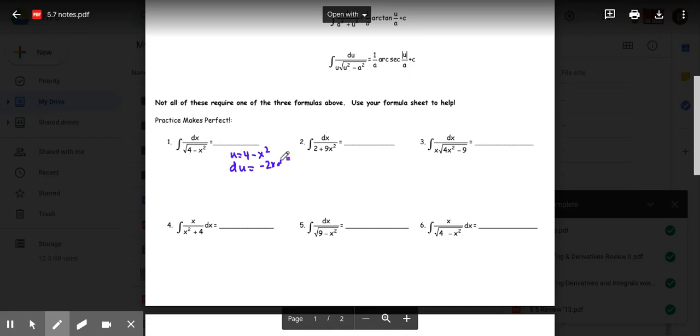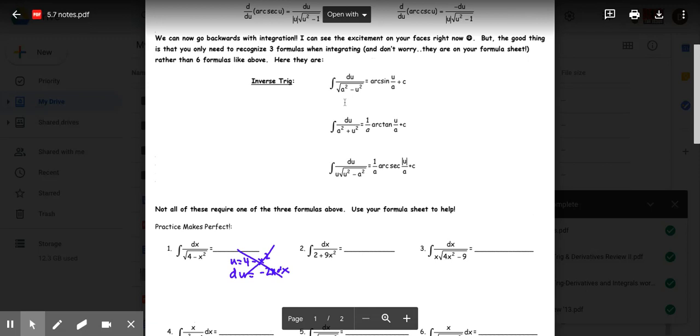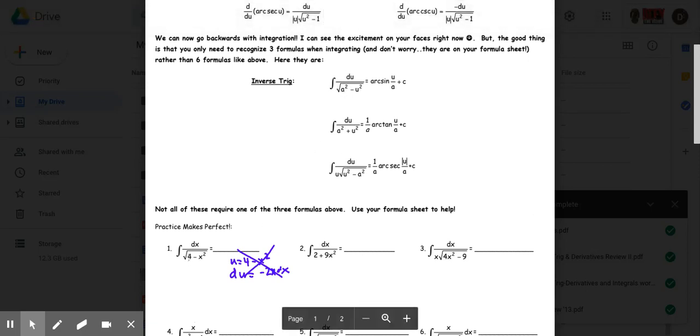That does not work, okay, because you don't have an x in the numerator and you can't just put that in. So when that doesn't work, you think to yourself, wait a second, is it one of these 3 up here? Okay, it actually resembles the first one. A is a constant, so 4 is the a squared, and the u is always the variable term.